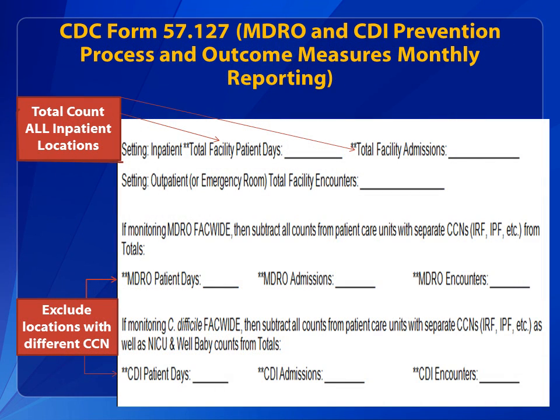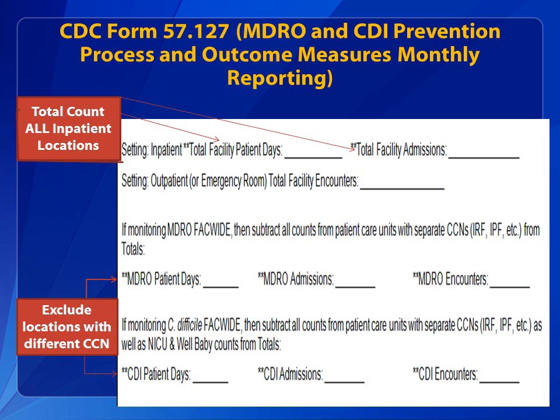Here's a screenshot of the updated MDRO and CDI prevention process and outcome measures monthly reporting form. Facilities following FAC-wide-in surveillance are required to show removal of the counts from CMS IRFs and CMS IPFs with different CCNs. First, users must enter a total count of patient days and admissions, including all locations in the hospital.